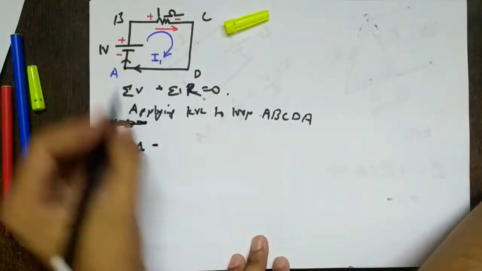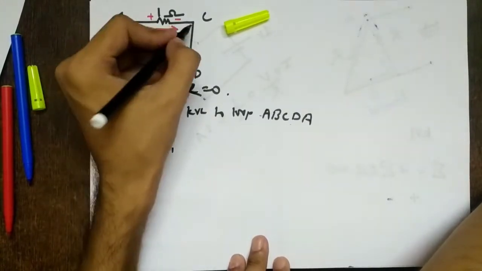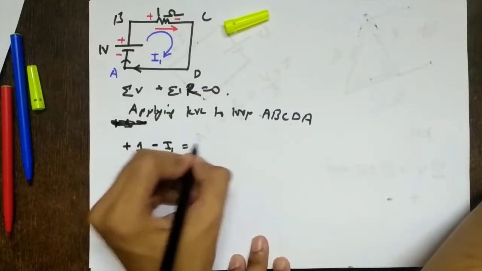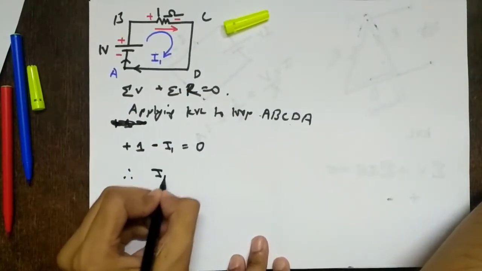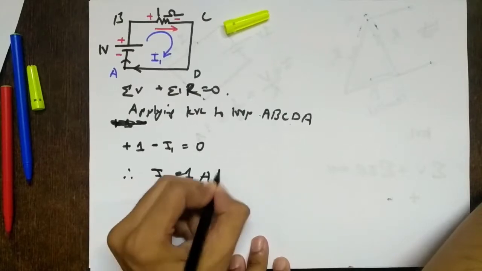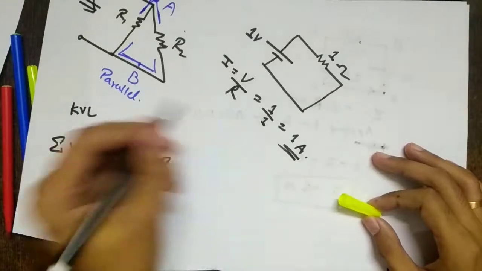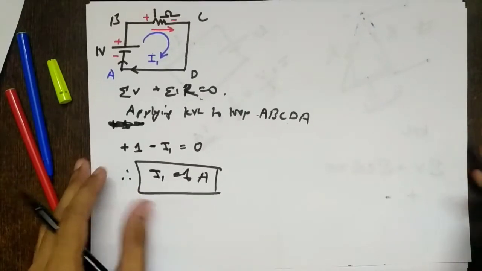I1, into 1 will give you I1. So 1 minus I1. C to D there is nothing, D to A there is nothing, and we are done. So this should be equal to what? 0. Therefore I1 equals 1 ampere, right? Using Ohm's law also we got the same answer. So let's consider two loops now.